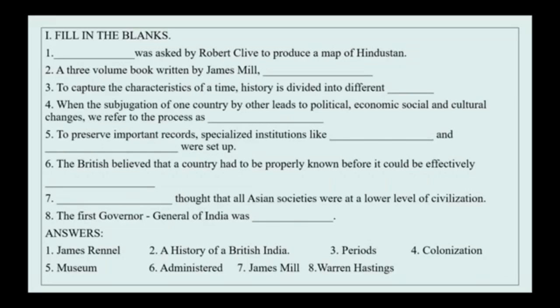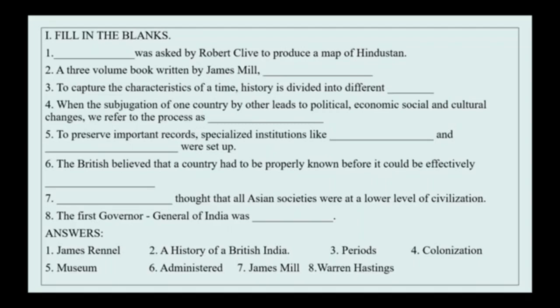Next one. To capture the characteristics of a time, history is divided into different periods. For example, ancient, medieval, modern. Fourth one. When the subjugation of one country by another leads to political, economic, social and cultural changes, we refer to the process as colonization.